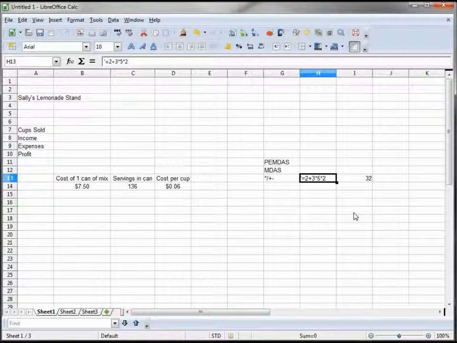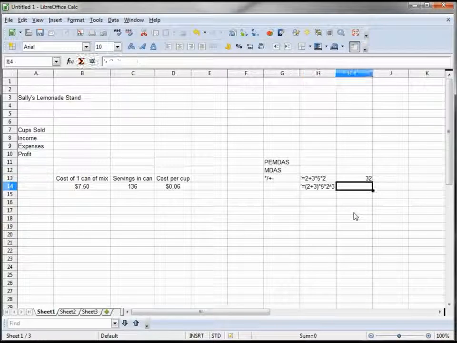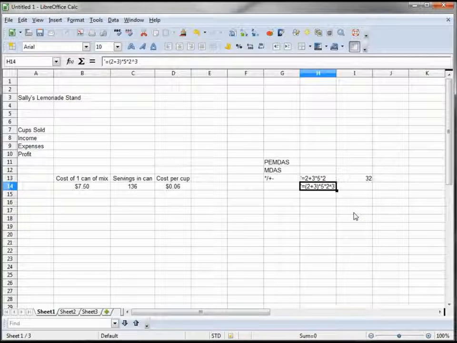And now I also want to show the please excuse, the parentheses and the exponents. So let's add on to this just a little. Equals 2 plus 3 times 5 times 2 to the power of 3. The power of, or the exponent.